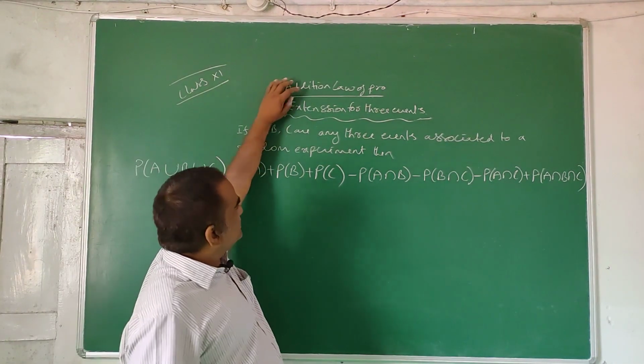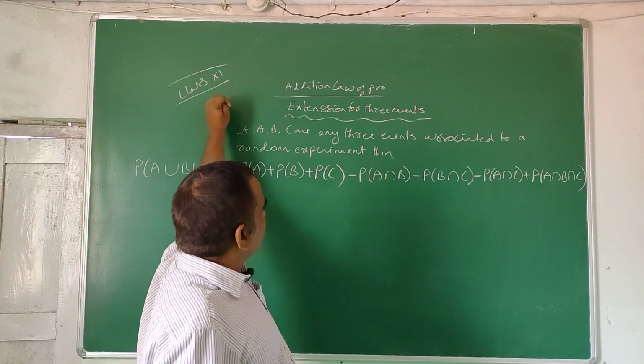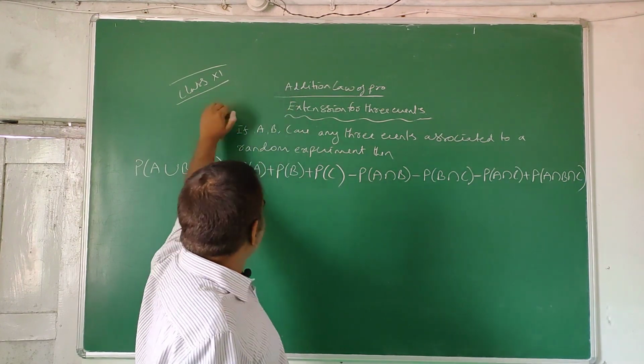Now dear students, you see the addition law of probability extension for 3 events. We are extending for 3 events.